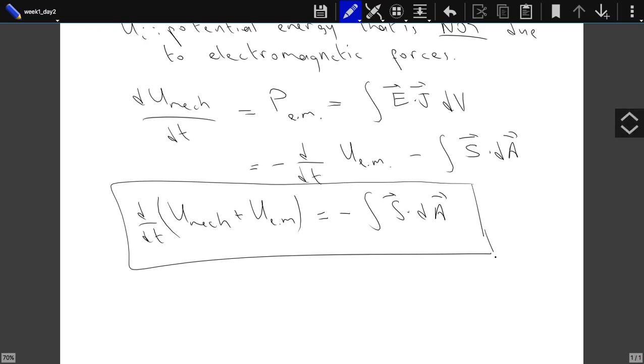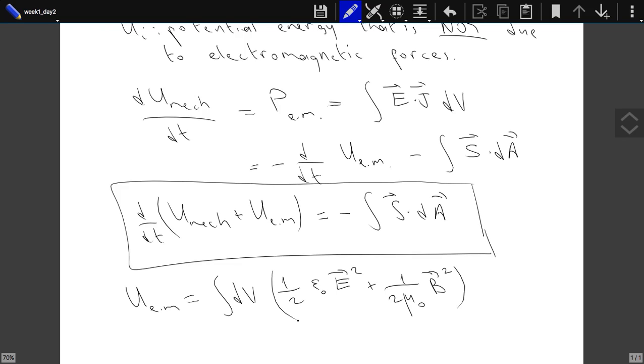So this was the result we obtained, and then we could interpret this result as, well, we already know what the mechanical energy is. This is the energy stored in the electromagnetic fields. It only depends on the electromagnetic fields in my system. This was equal to some volume integral of 1 over 2 epsilon 0 E squared plus 1 over 2 mu 0 B squared.